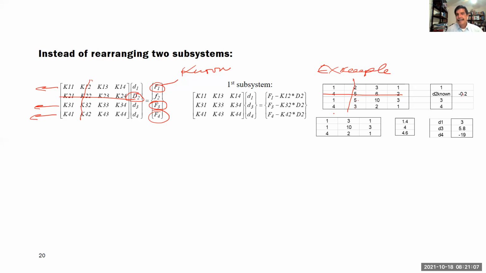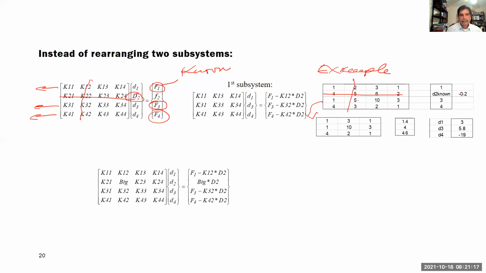What I'm saying is that this step from here to here is very, very complex. So instead of that, this is what we tend to do. It's the same process, the same equations, but instead of extracting the first subsystem, we replace this value in the main diagonal by a large value, a big value.